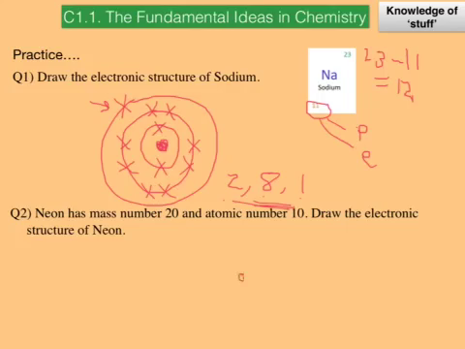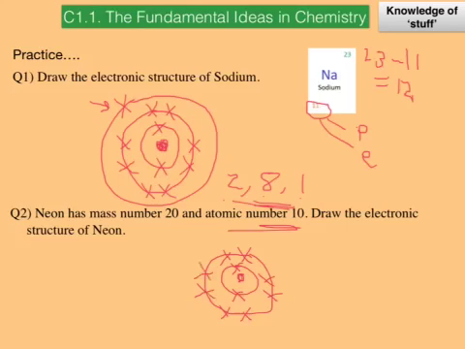Here is the structure for neon. It's got an atomic number of 10, so we know it's got 10 electrons. So we put 2 in the first shell, and we put 8 in the second shell.